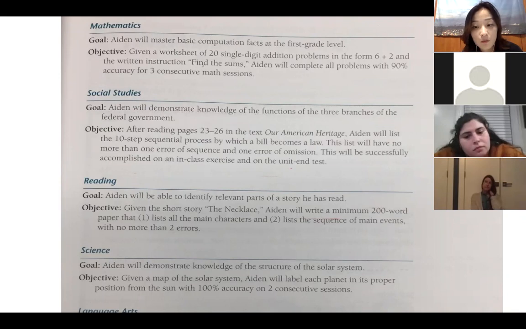This list will have no more than 1 error of sequence and 1 error of omission. This will be successfully accomplished on an in-class exercise and on the unit test. So very specific behavior is listed in the objective.